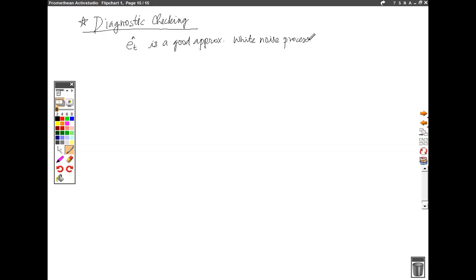We have already looked at a couple of tests like portmanteau and other methods, such as the confidence interval one, to check whether our Et has any correlation or not and determine if it's white noise or not.